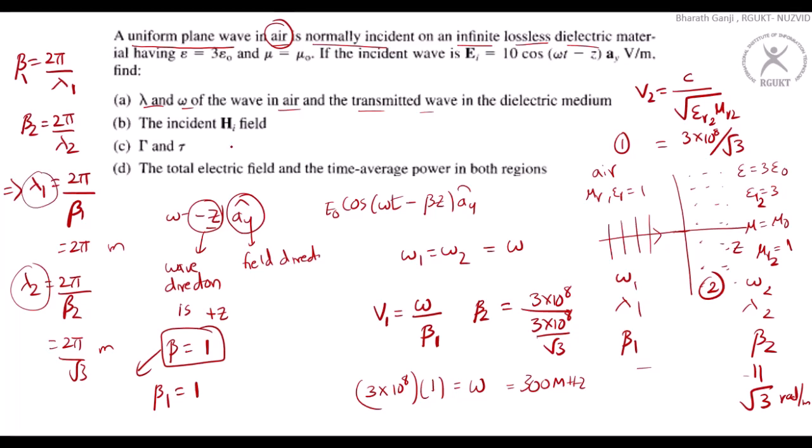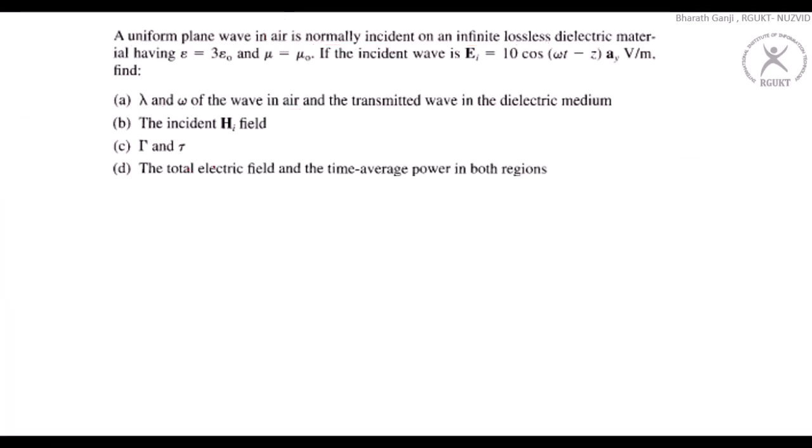Alright, so we have calculated the value of lambda and omega for both the incident and transmitted waves. Let us go with the next one. We need to calculate the incident magnetic field. Let me write the electric field in phasor form: this part can be written as the real part of 10 times e power j omega t into e power minus j z ay cap.